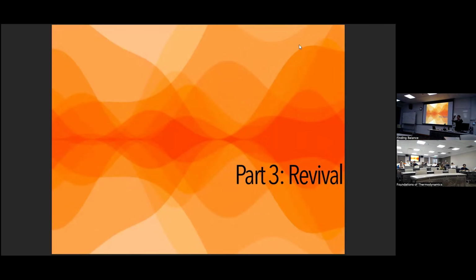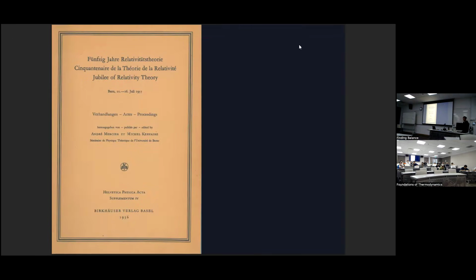Okay, so that's to set the stage for why the low watermark period. Now the question is, where did the revival or renaissance of GR come from, and how does that play in this full story with exact solutions? Okay, so there's a 1955 conference in Bern, in celebration of 50 years of relativity.